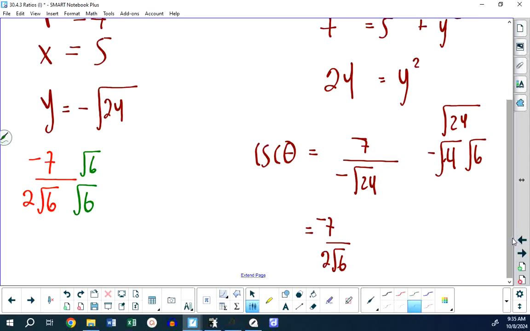So I get negative 7 root 6 on the numerator, and in the denominator I get 2 times 6. Root 6 times root 6 is 6. 2 times 6 is 12. See, at this level, what we want to know is can you do all the x, y, r stuff and work with your definitions? We're not really interested in can you rationalize. So it's a rare event where you need to do it.